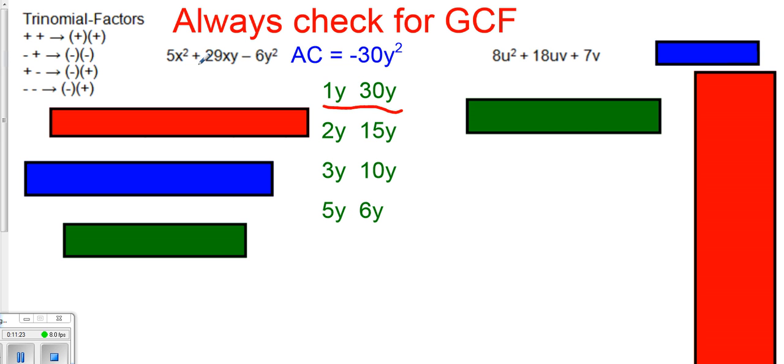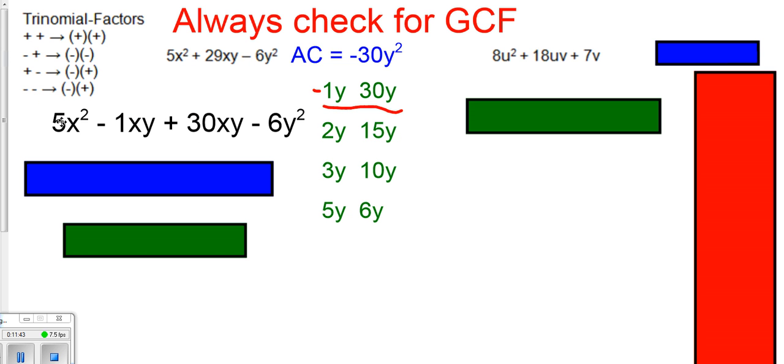Now, because we want positive 29, that means we want the bigger number to be positive. So 30 is positive, 1 is negative, because negative 1 plus positive 30 would make positive 29. So these are the two factors that will break that piece into. When we do that, 5x squared is still the same.